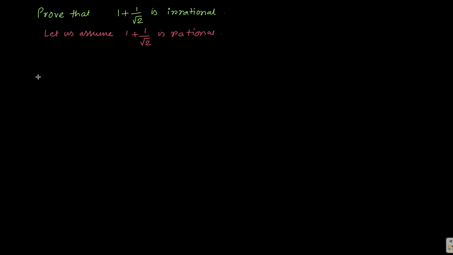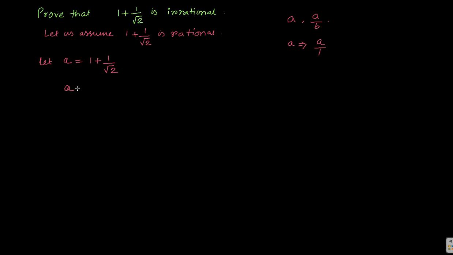Then let a is equal to 1 plus 1 by root 2. A by b all are rational numbers, because a can be represented in the form of a by 1, that is p by q, and obviously q is not equal to 0, and a and 1 have only one common factor, that is 1. So you can consider a as a rational number. So a is equal to 1 plus 1 by root 2.